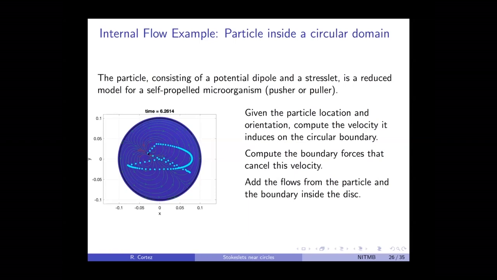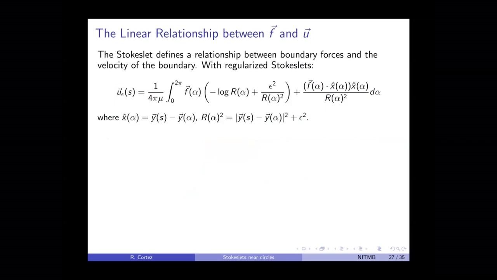So I'm inverting something, and I haven't told you how I'm doing that. So we might be used to doing something like this. When we use regularized Stokeslets, we have an expression like this, right? And if we know the velocity on the surface, then we can put it all in one long vector, and it's a linear system for the forces.